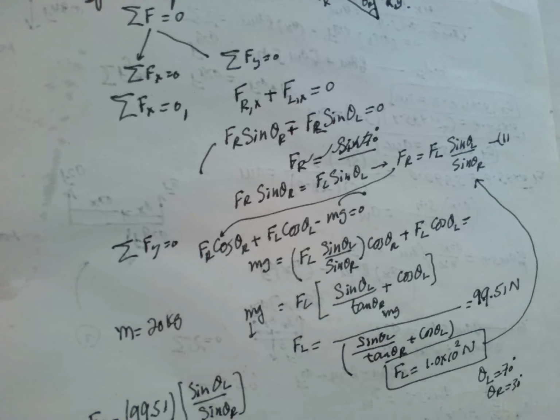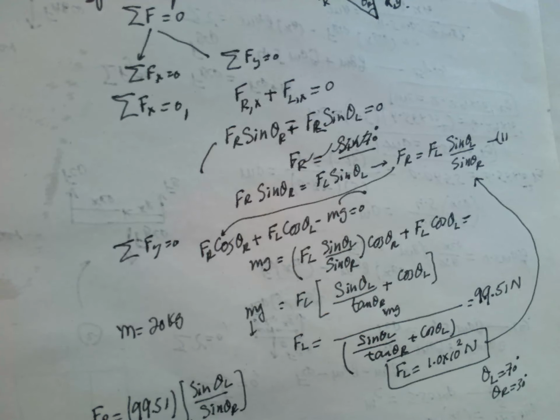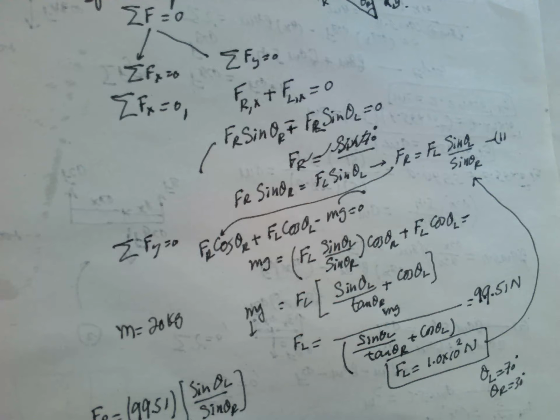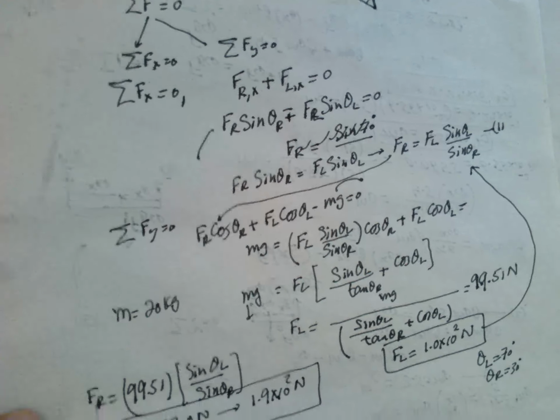Substituting these values, we get 187.0 newtons, which is F_R, equal to 1.9 times 10 to the power 2 newtons.